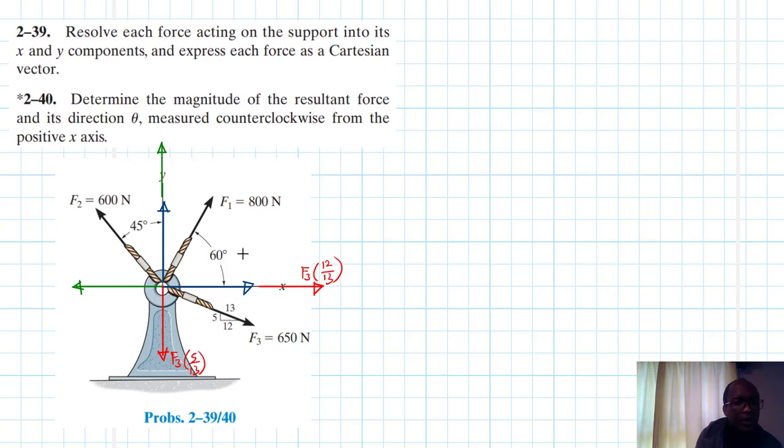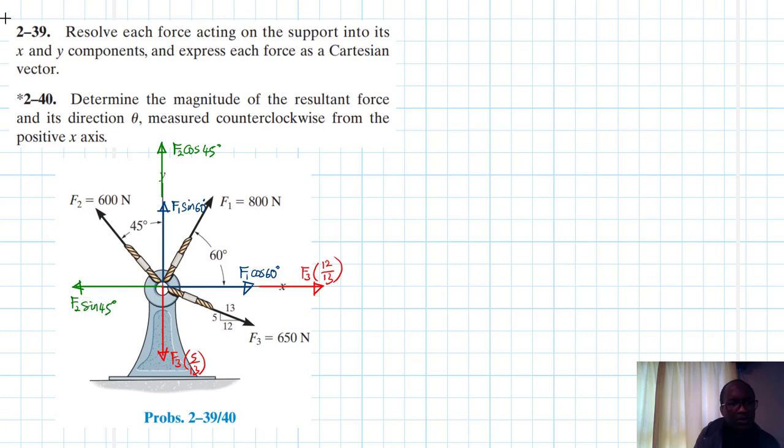Then this one will be F1 cos 60, and this one will be F1 sine 60. This one will be F2 cos 45, and this one will be F2 sine 45.